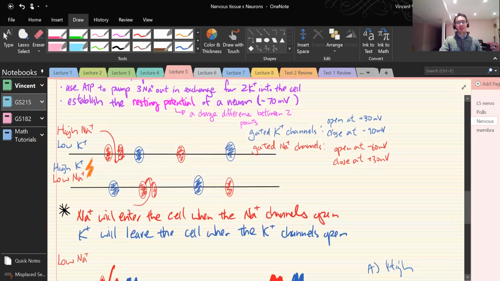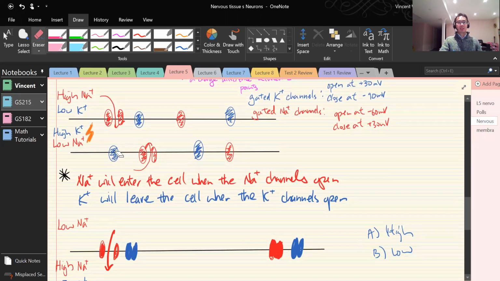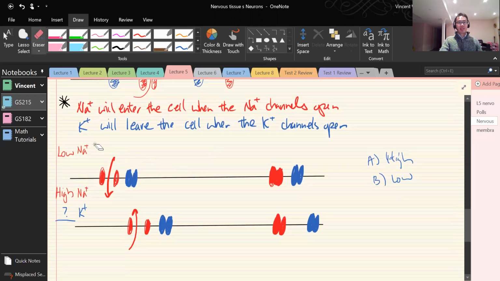Well, the potassium cannot go out yet because the potassium channels are not open yet, right? So you see, as the sodiums are coming in, the potassium is not going anywhere because the potassium doors, the potassium channels, are still closed. So because of that, it will still be high, just like before. They didn't have anywhere to go yet.